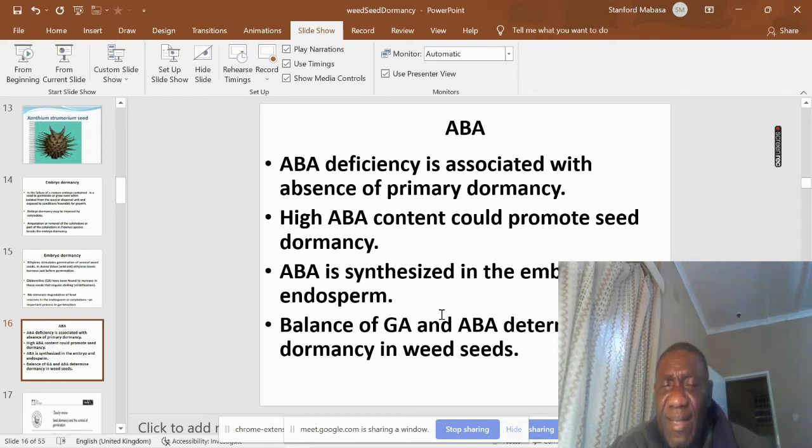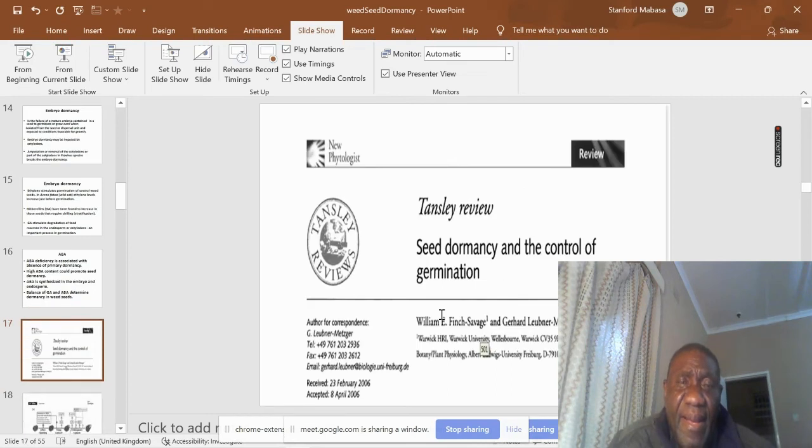But what finally determines whether a seed is going to germinate or not is the balance of GA and ABA in the seed. This is quite a complicated process, which was described in this paper, Seed dormancy and the control of germination. Probably later on you may have to follow it up.